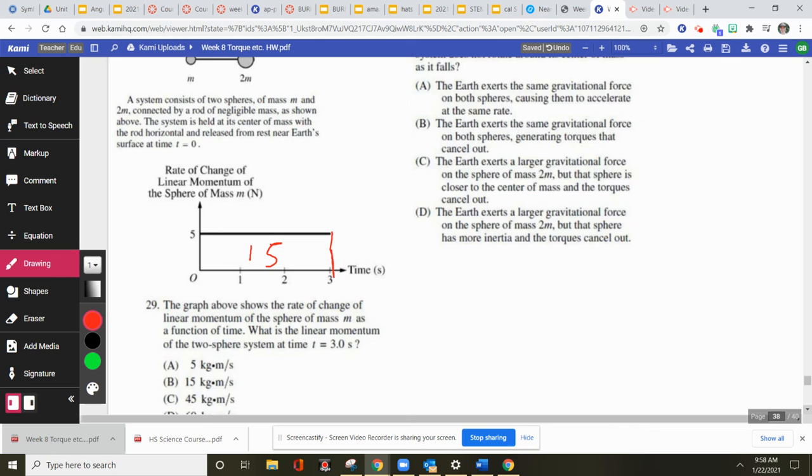Released from rest. And so what is the linear momentum of the two-sphere system? It changes by 5 units of momentum every second.